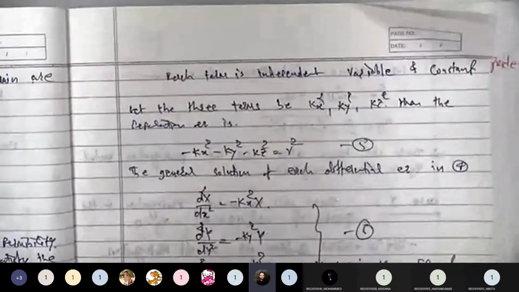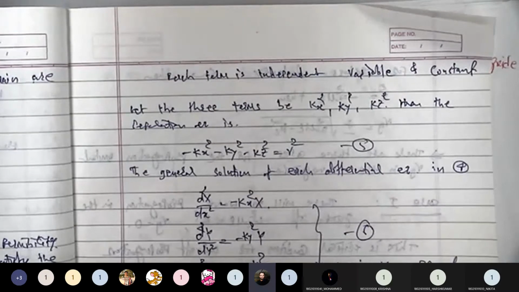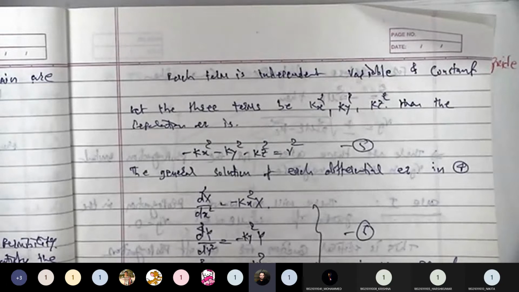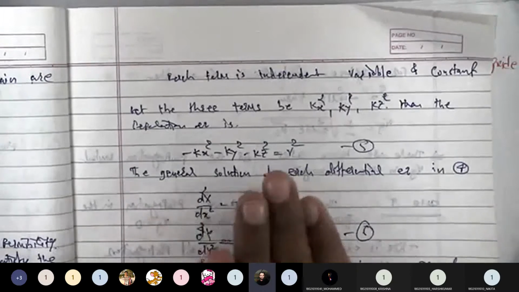So as this 1 over X d square X by dx square, 1 over Y d square Y by dy square, plus 1 over Z d square Z by dz square, is equal to gamma square. So each term here is an independent variable and constant. So now we are introducing the three components.